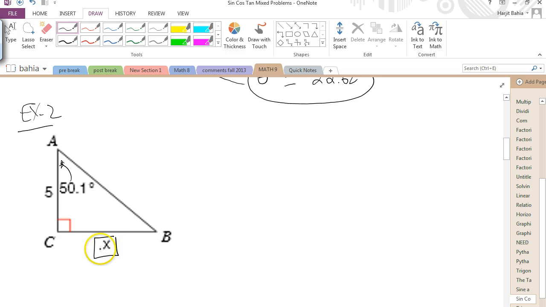Well, for this side, we have to know what are these sides in relation to that angle. Well, that's the hypotenuse side. We don't need that, so let's not even use hypotenuse. That's adjacent. And this to that is opposite. So which of our SOHCAHTOA brothers and sisters are going to help us out with this?